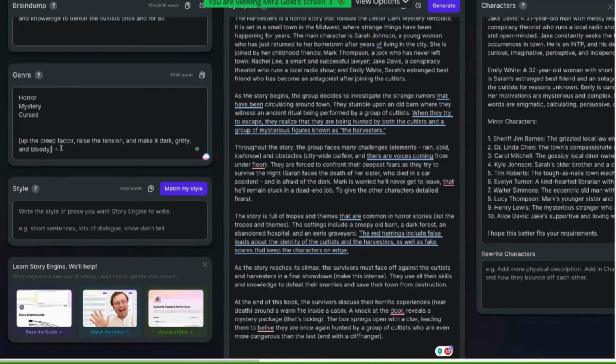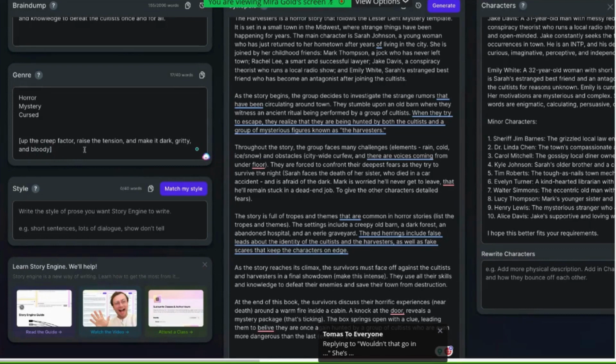Now, one of the things that I learned from Nicole, she was doing a class once that I had attended. She mentioned, and it just really resonated with me, that the very last word that you use generally in your genre or style, the AI is going to really look at that.